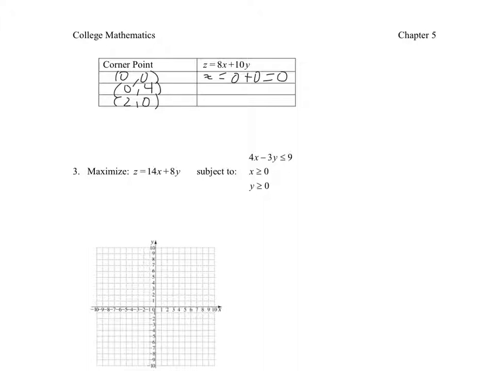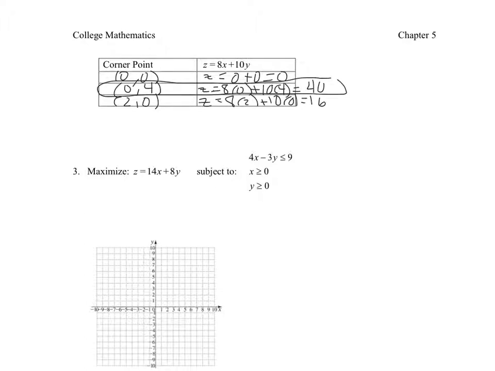All right, let's plug in when x is 0, but y is 4. And that's going to give us 40. Last one, plug in when x is 2 and y is 0, and that's going to give us 16. Which one of these would be the largest number? 40.